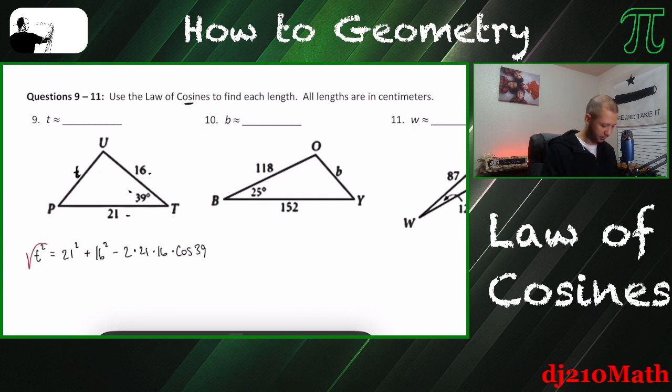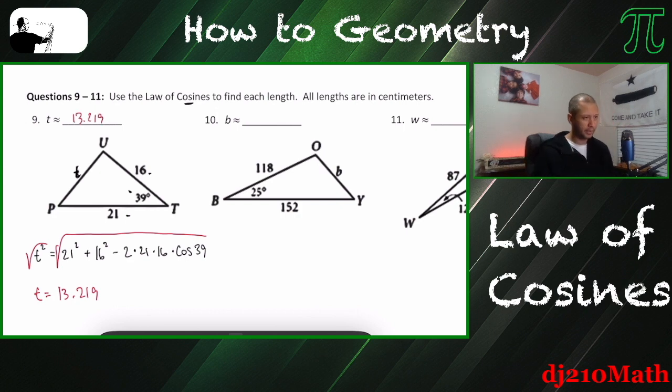And we just take a square root. Straight to the calculator. So t is approximately 13.219. Not bad, right? Not bad at all.